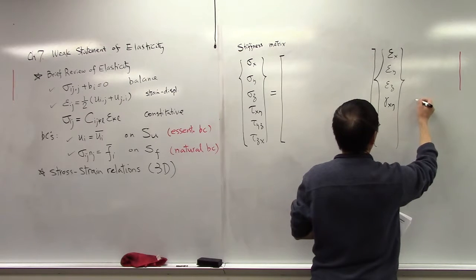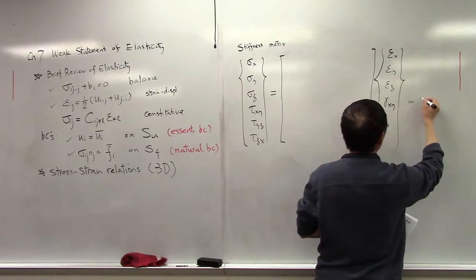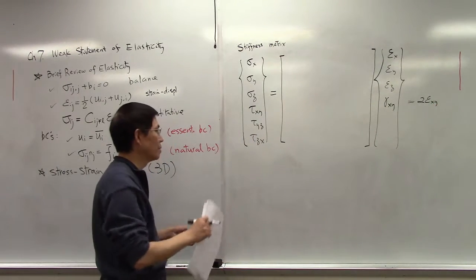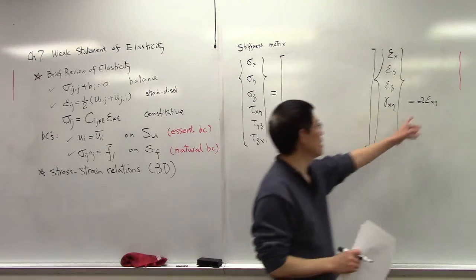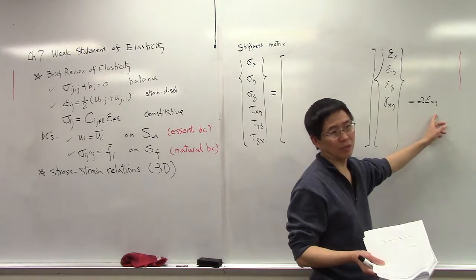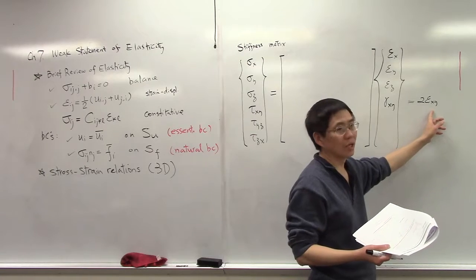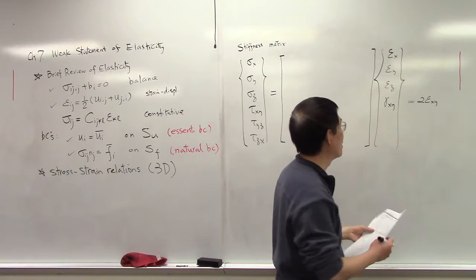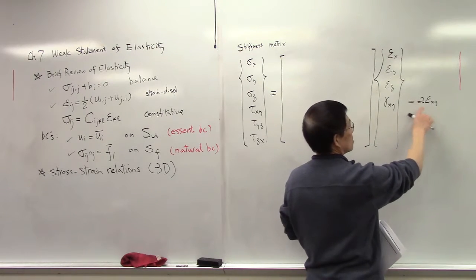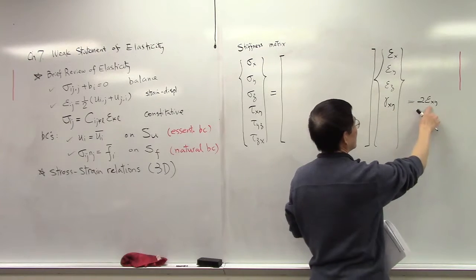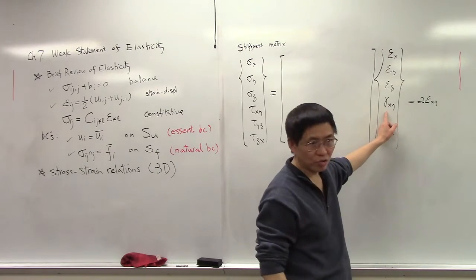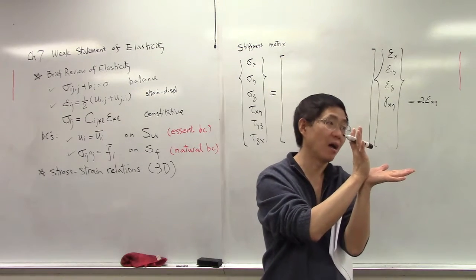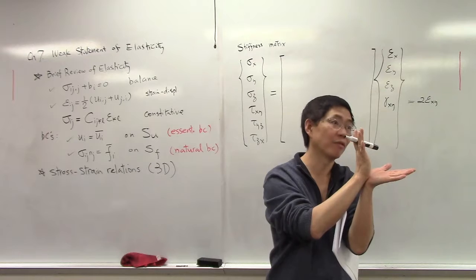And by the way, gamma xy is also equal to twice epsilon xy. Okay? You need to remember that. The epsilon xy is what we call the tensor strain notation, tensor shear strain. This is the engineering shear strain, okay? And the relationship between these two is just that this is twice that. We said shear strain represents the angle reduction between two line elements that are perpendicular to each other initially, before deformation.